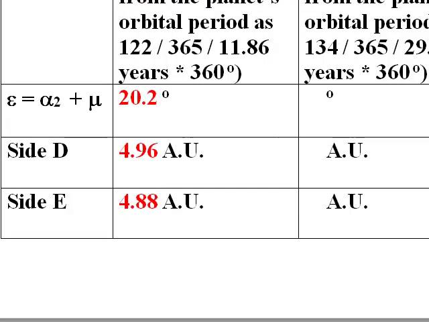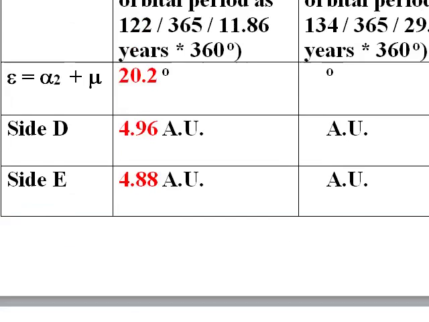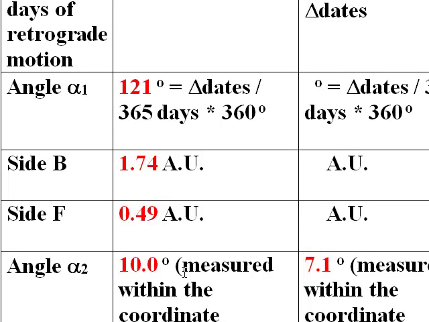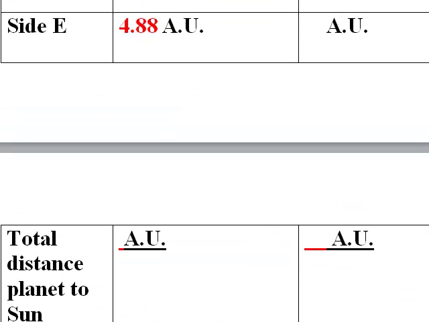4.88. And the total distance to the Sun is at the sides, or they actually should be called heights, E and F of the two triangles. F is here 0.49. 0.49 plus 4.88, I can do it in my head, 5.37.